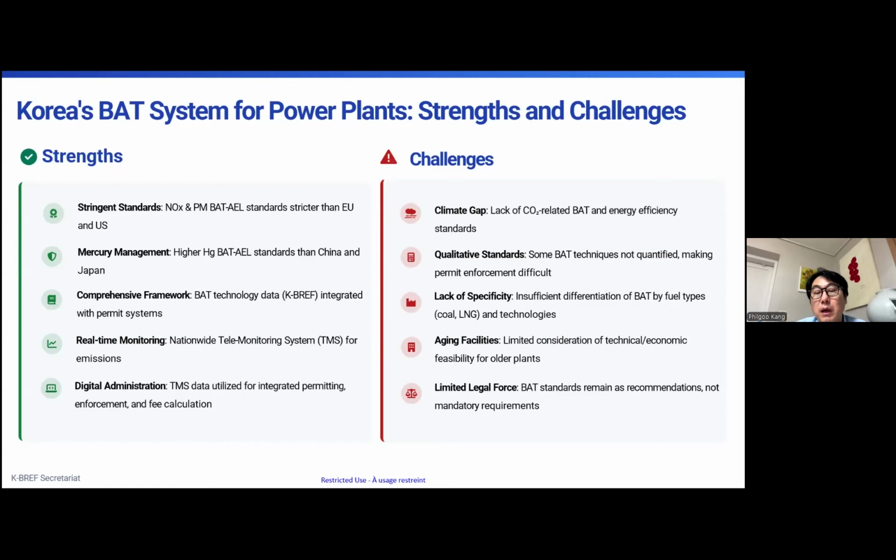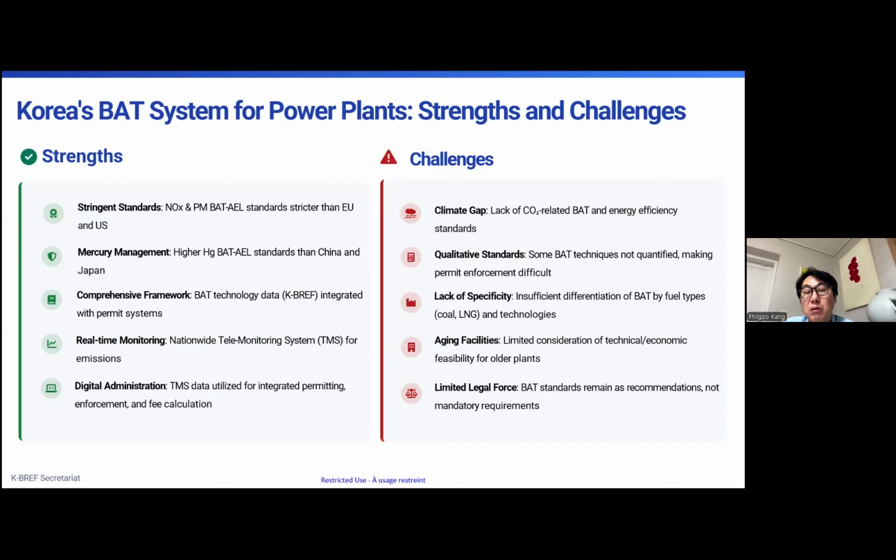Yes, and our challenges: we have no BAT for CO2-related matters because our law didn't cover climate change. And mostly our BAT techniques are from a qualitative perspective, and that should be improved.